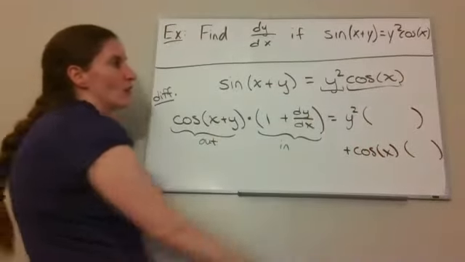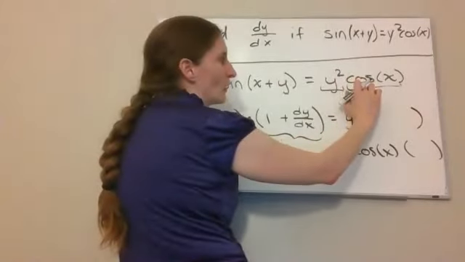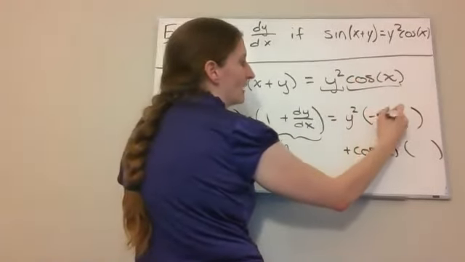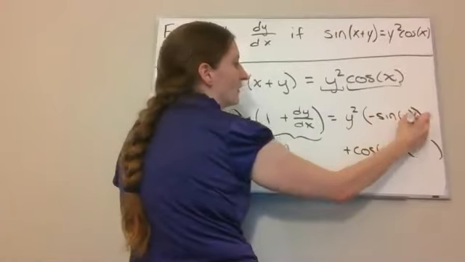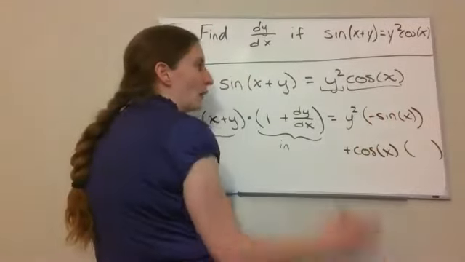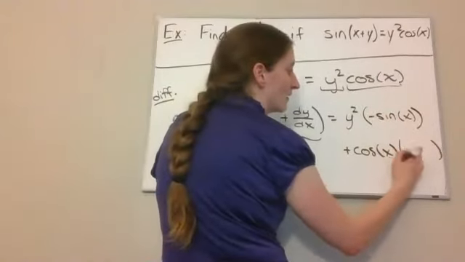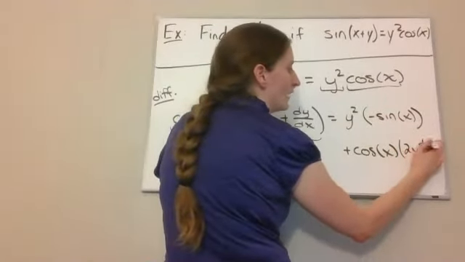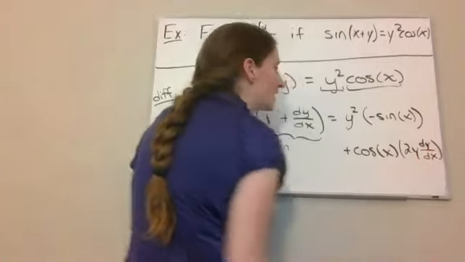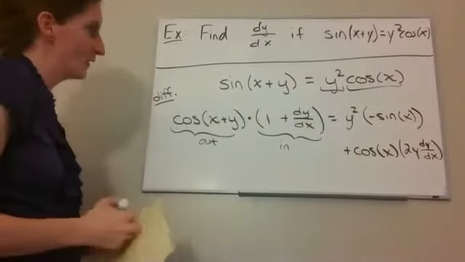So the derivative of my second guy, derivative of cosine x, is negative sine x. And the derivative of my first guy, derivative of y squared, is 2y, but I also need my dy/dx. So that's kind of a mess.